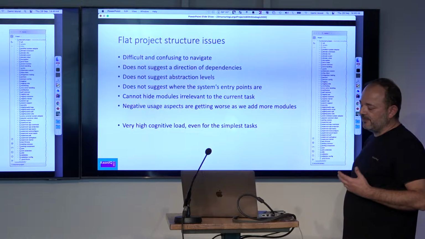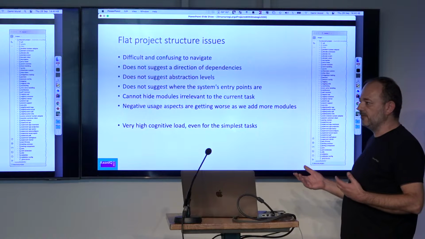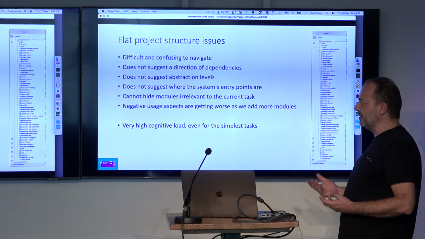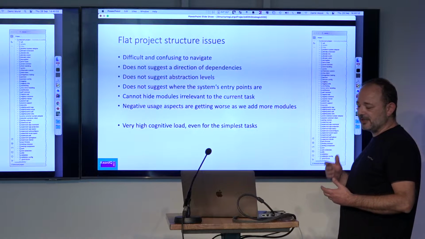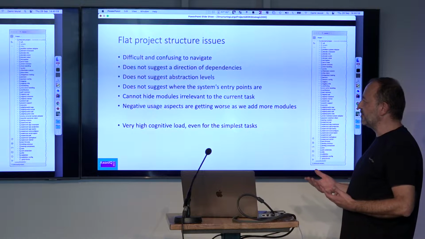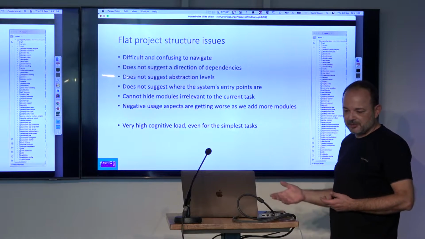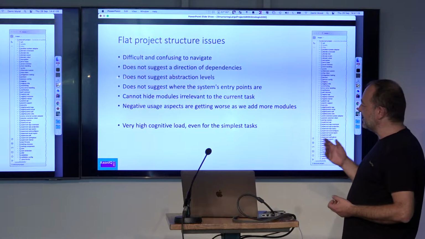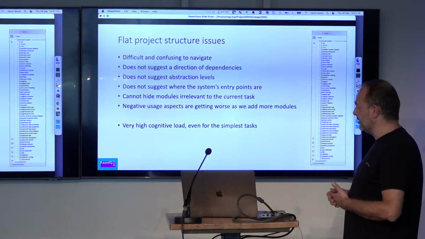Well, it is very difficult and confusing to navigate because you always have to jump around in a pretty unpredictable manner. And this is because the flat project structure does not suggest anything about relationships between your modules. It does not suggest anything about dependencies, about abstraction levels. Even your system entry points or applications are very hard to find in this structure.